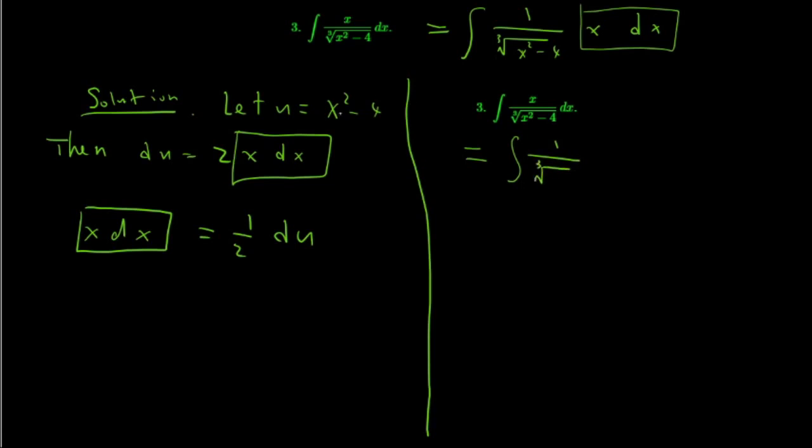Because our u is x squared minus 4, you have cube root of u in the denominator. And the stuff in the box is half of du. I can leave the constant factor 1/2 out of the integration notation. So you have du in here. Again, now we have an integral of u. Do not write x and u in one integral.